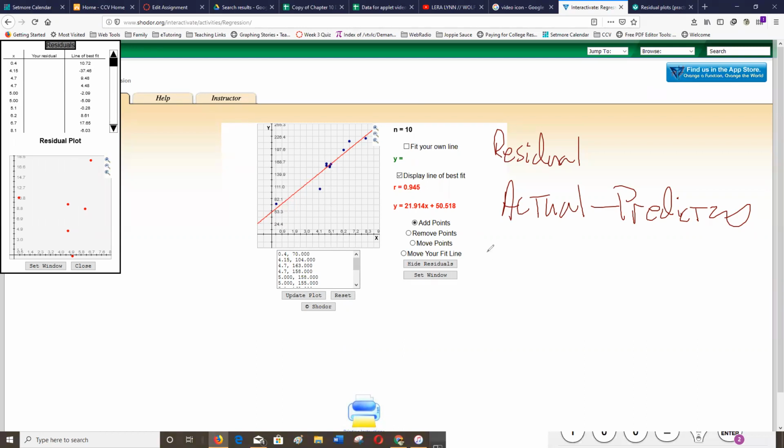So the percent of alcohol, the number of calories can be calculated by 0.914 times our 0.4% alcohol plus that y-intercept, 518. Since I've got that calculator opened up here, why don't we use that?